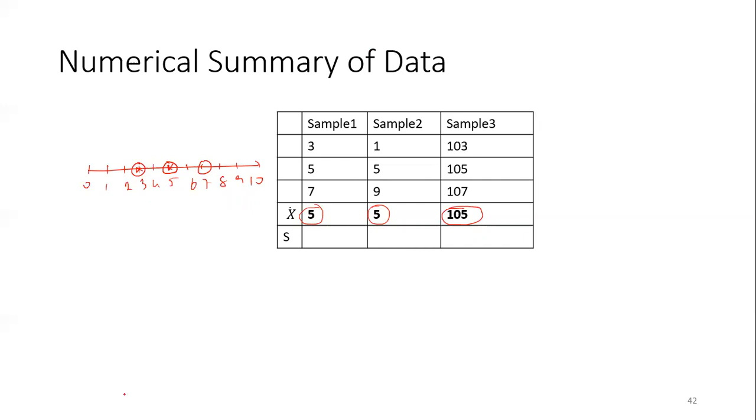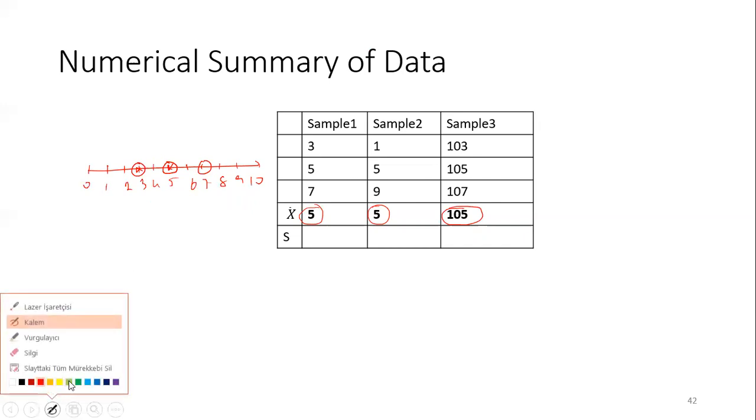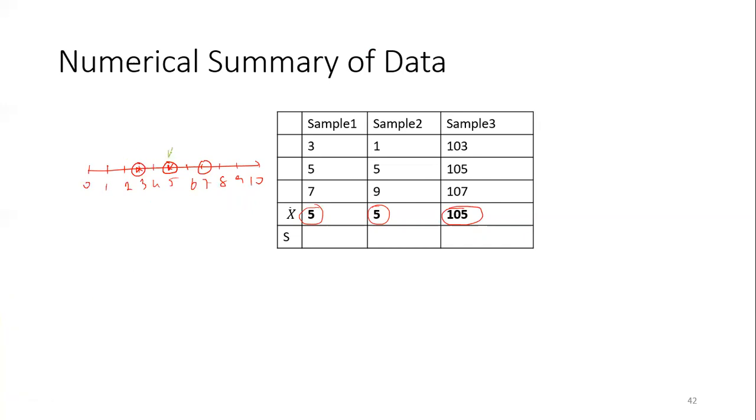This is sample 1. If you plot sample 2, you have again 5 here, but the other one is at 1, and the other one is at 9.